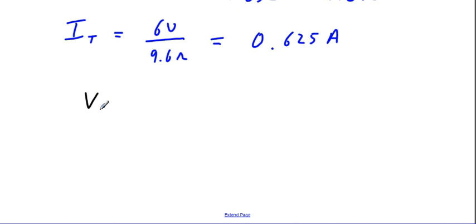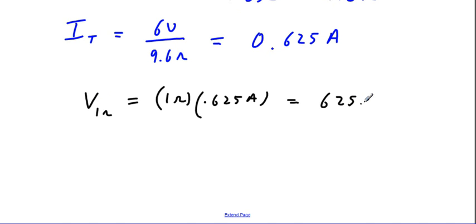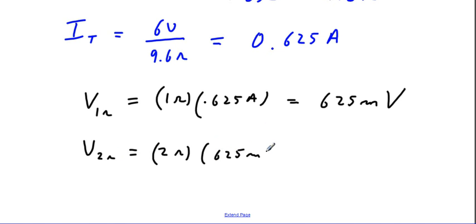Okay, the voltage drop across my 1 ohm internal resistor is going to be 1 ohm times the current, and we'll call it 625 millivolts. And the voltage across the 2 ohm internal resistor is going to be 2 ohms times 625 milliamps, 1.25 volts.